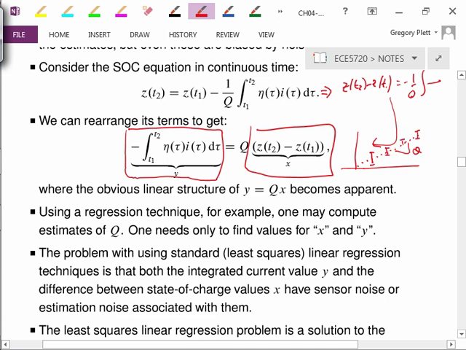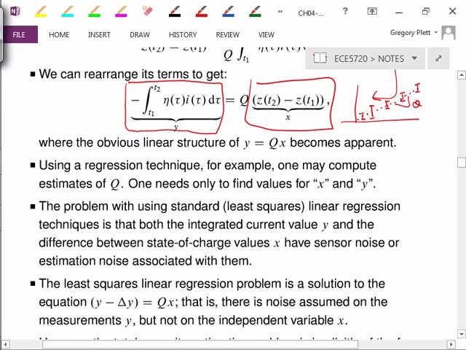Whether I know what the error bars are or not, there's some variation in the measurement that could have been made simply because there's noise, but there's no error bars expected in the x. Basically for us, what that means is the assumption, if we use least squares to estimate capacity this way, the assumption is that our state of charge estimate is perfect, completely perfect, no inaccuracy at all.